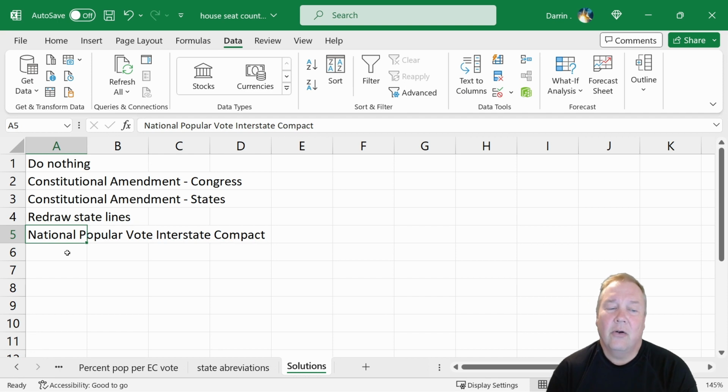And that's the whole idea behind the National Popular Vote Interstate Compact, is to guarantee that whoever gets the most votes, that's the winner.